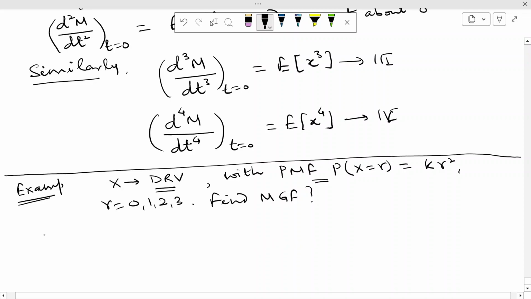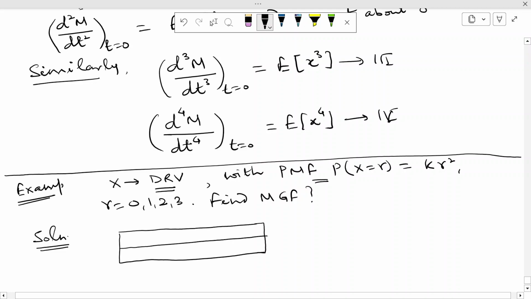So let us begin with the solution. First of all, we make the distribution here. Distribution means we have the values of the random variable and the corresponding probabilities. We are given 4 values: 0, 1, 2 and 3.